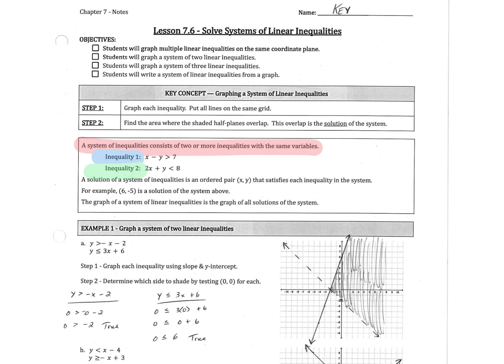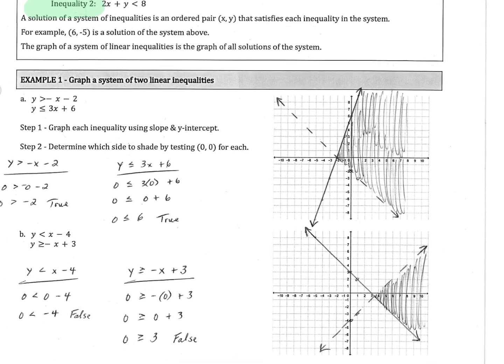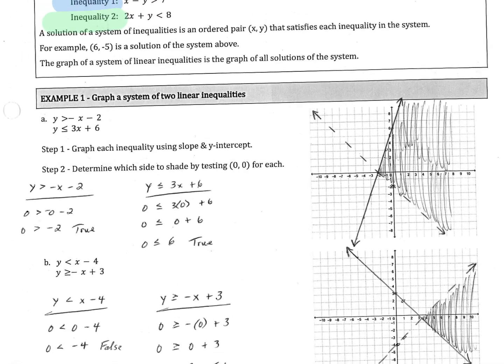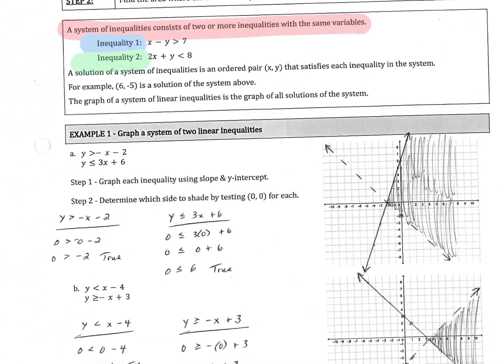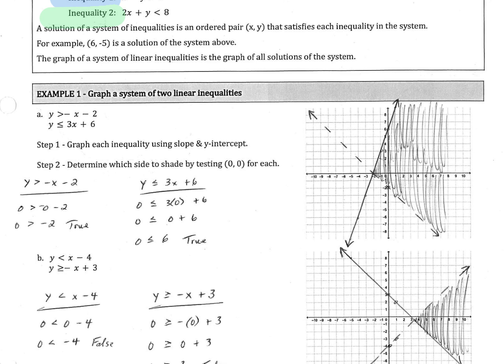Okay, so let's look at our first example down here. Example A. I'm going to highlight my first inequality in blue, the second one in green. Let's go ahead and graph these. Even though it's already on the screen, I'm going to use the pen.